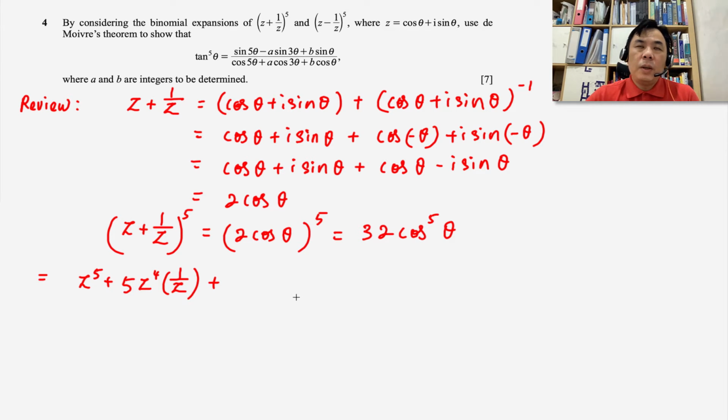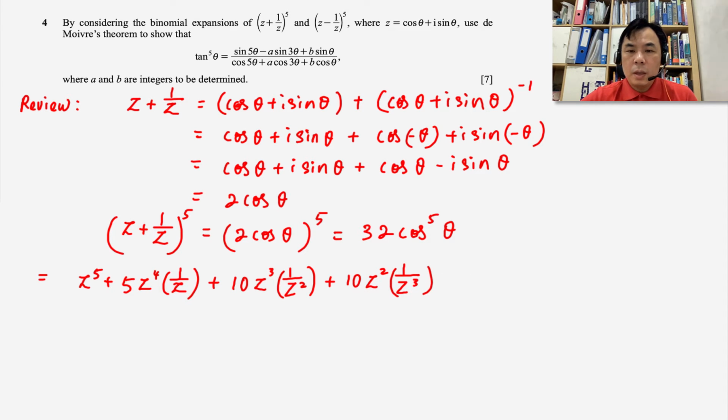I assume 5C2 would be, let me see here, 5, 4, 3, 2, 10. So it should be 10. So that will be z cubed, 1 over z squared. And then the other one must be a 10 also. So 10 z squared, 1 over z cubed. And then after that, I have my 5, 1 over z to the 4. And then finally, I have my 1 over z to the 5.